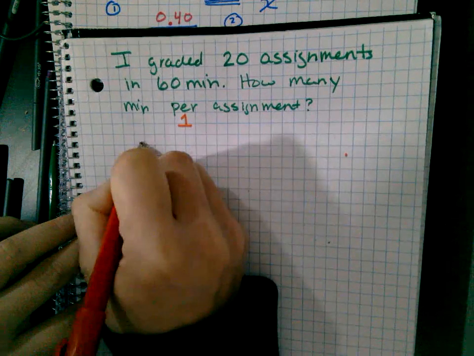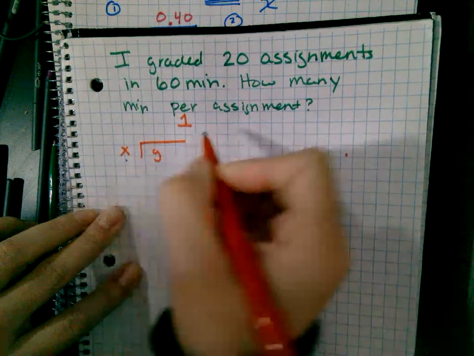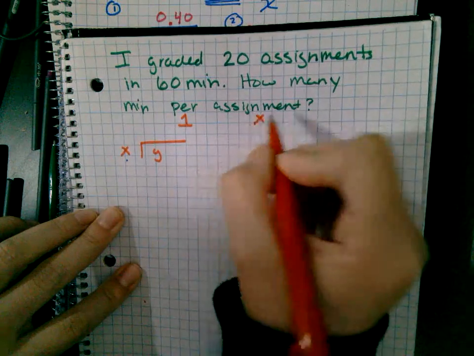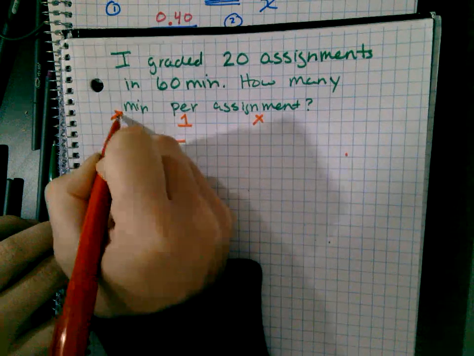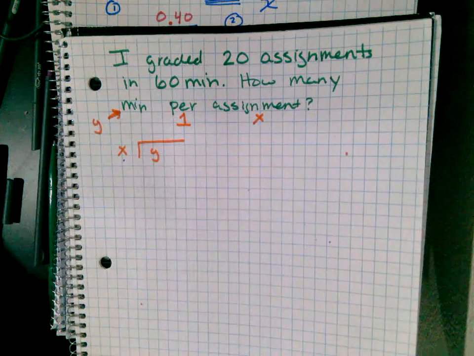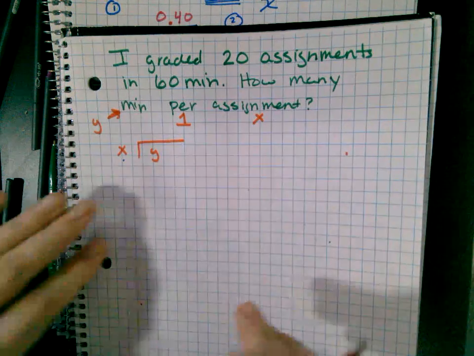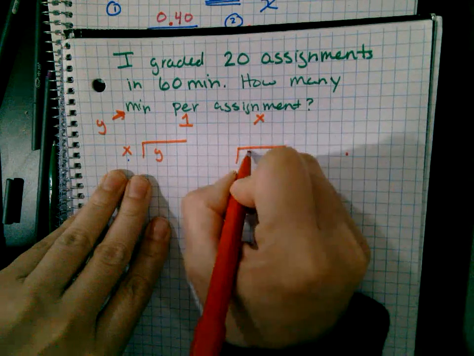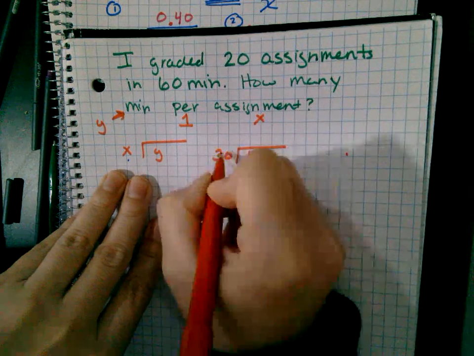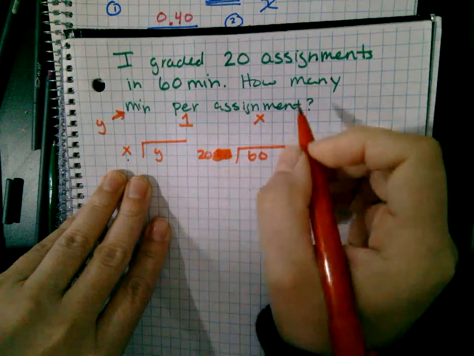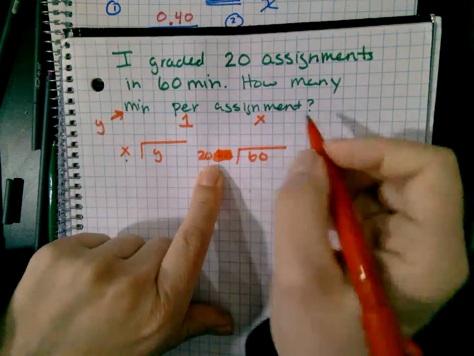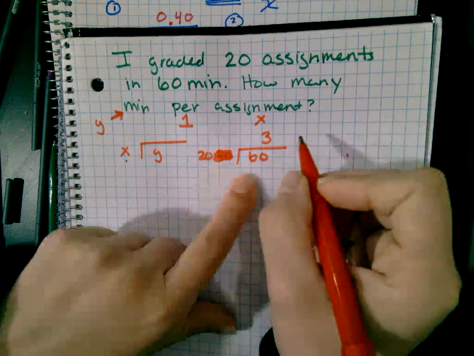So per means one assignment. So therefore, I'm going to take x and y. X is your assignment and y is your minutes. So I'm going to take 60 and divide it by 20. And what's 60 divided by 20? 3, right? 3 minutes.